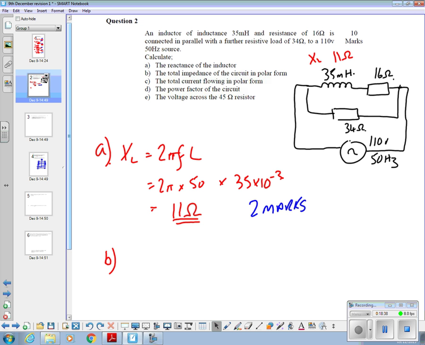What you've got to do is add those 2 together because they're in series, and then you've got to parallel them up with the 34. Yeah, that's what I mean. So the 11 resistor will become effectively a single 27 ohm resistor. But as complex, remember.